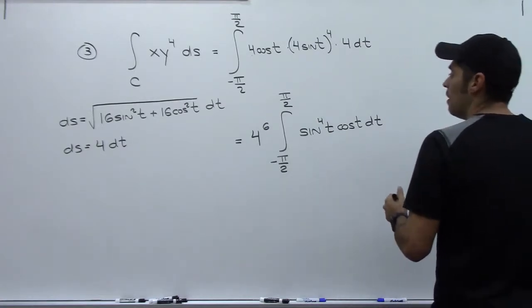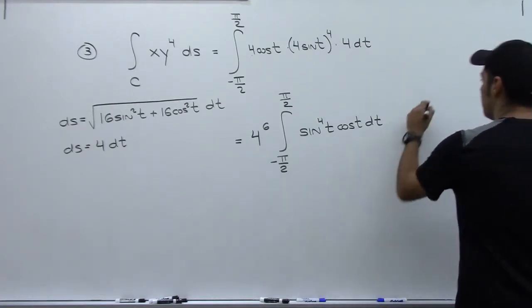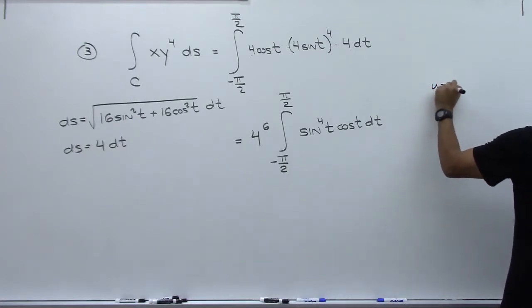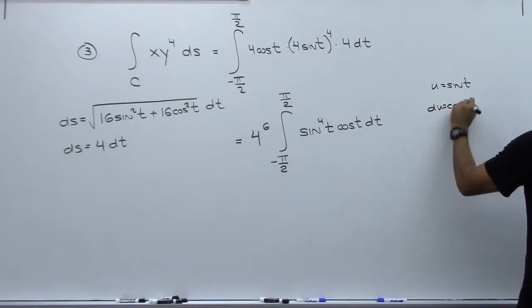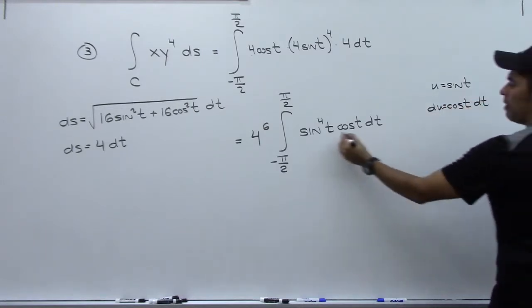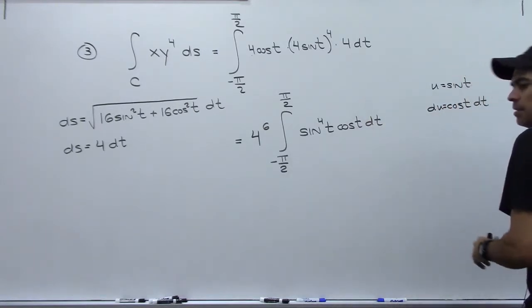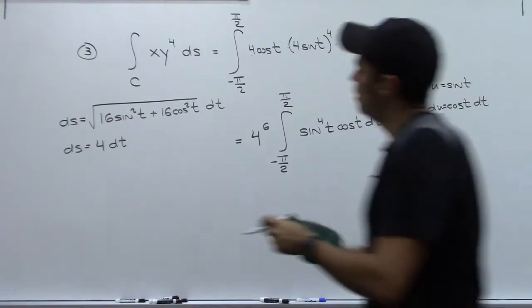Okay, so at this point, I noticed that if I just let u be equal to sine t, the derivative of that is cosine t dt, which I have right here. So this is just a direct, clean, easy substitution.